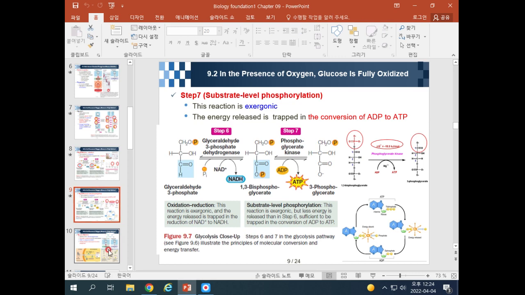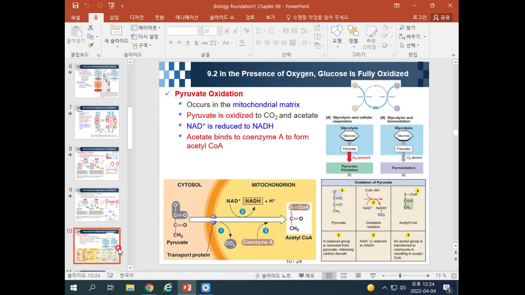Okay, let me go to the next step. After glycolysis is finished, when oxygen is available, pyruvate oxidation happens. It's like this.